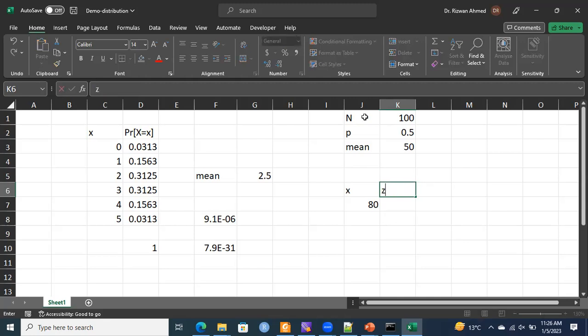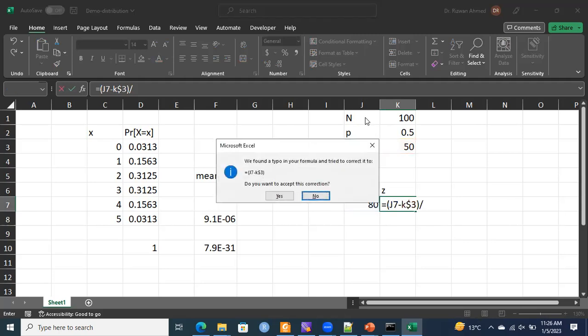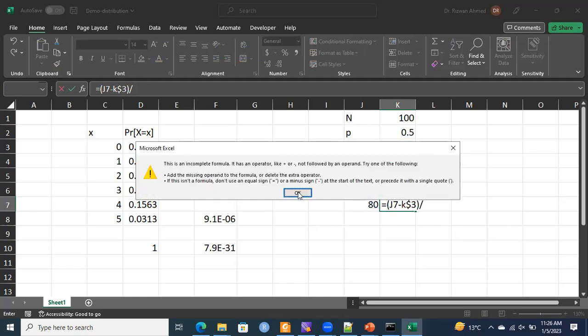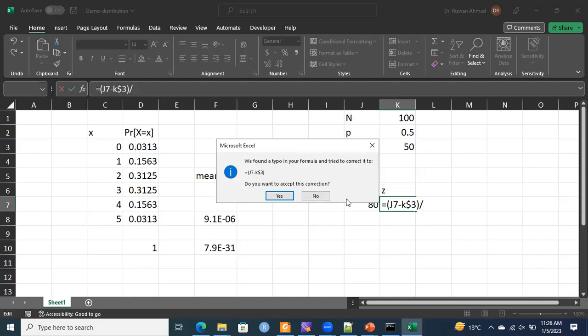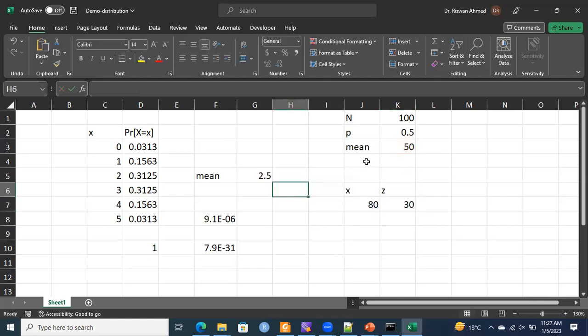before the probability, I define the z value. So the z value here will be equal to x minus the mean value, divided by the sigma value. Sigma is not here, we have to compute it. Yeah, this is the wrong calculation.